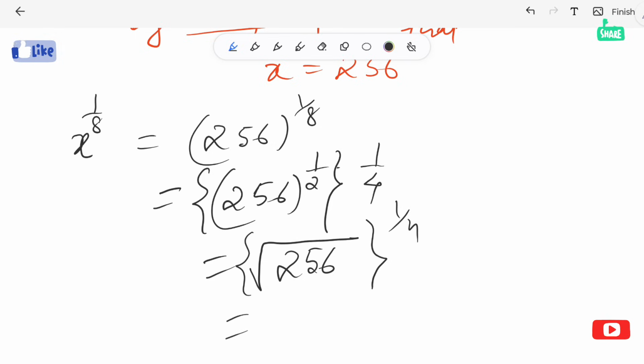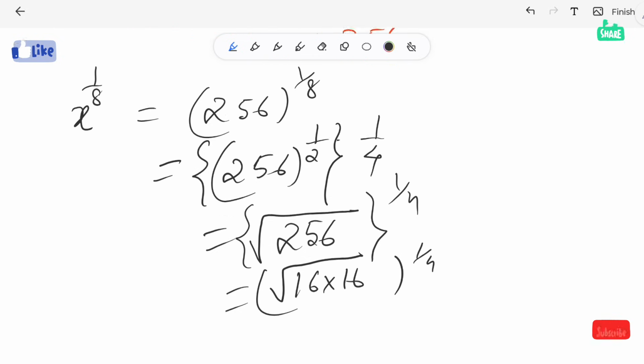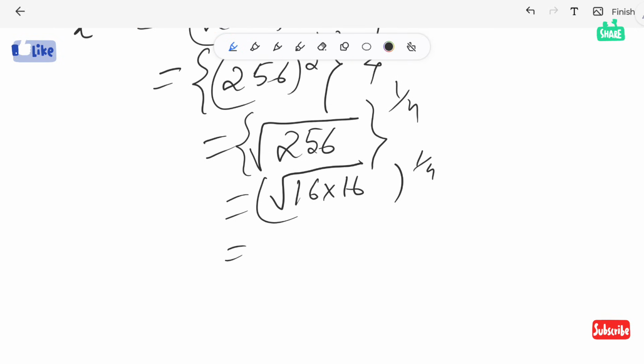If you know the value of 256, then you know very well that 256 is nothing else but 16 into 16, and whose power is 1 by 4. Now 16 will be free from the roots. Again we have 1 by 4 as power.